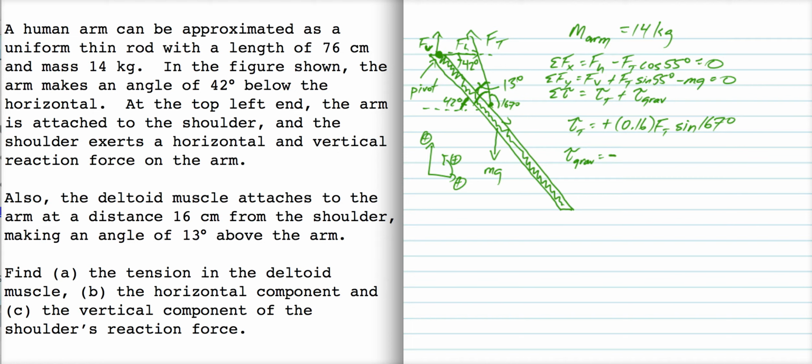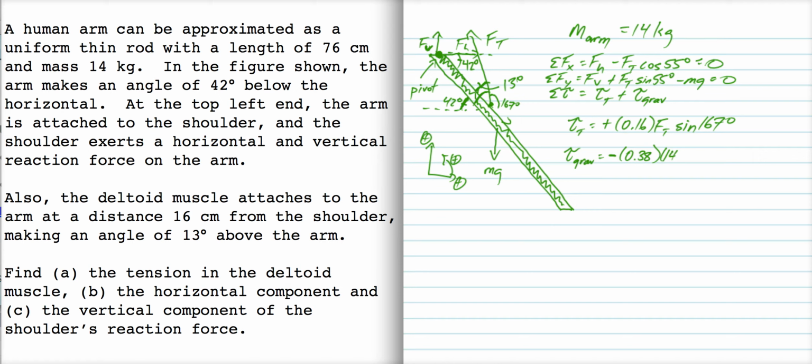Gravity is located, so we have to read the problem carefully. It says a human arm can be approximated as a uniform thin rod of length 76 centimeters. If it's uniform, that's telling you that gravity is located at the geometric center of the rod, which would be 38 centimeters, half the length. So our r vector has a value of 0.38.